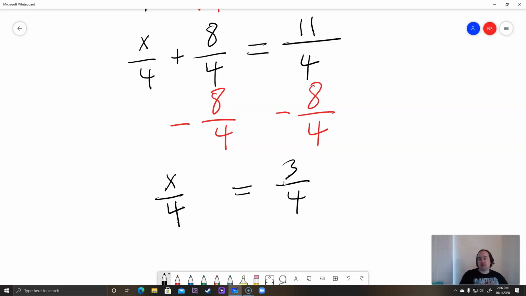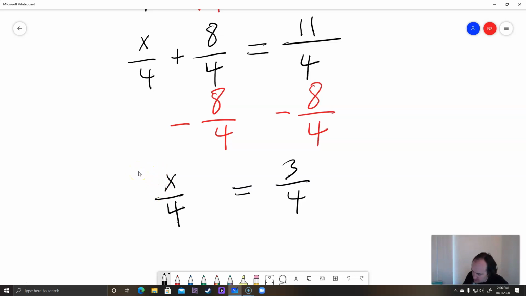Alright, and then to finish the problem, we have to get rid of this 4 in the denominator. So how are we going to do that? Once again, you can multiply both sides by the reciprocal, but you might not be sure what the original fraction is here. So remember, if they don't write the coefficient of x, the coefficient of x is 1.